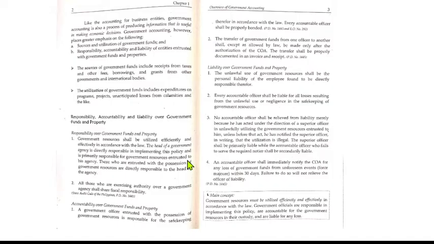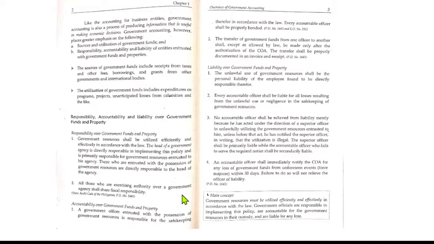So that whenever there are loss or negligence on the part of the employee ay specifically identified natin kung sino ang dapat na mag-shoulder ng loss at mag-bear nung mga expenses related to the loss of property or damages to property. All those who are exercising authority over a government agency shall share fiscal responsibility.